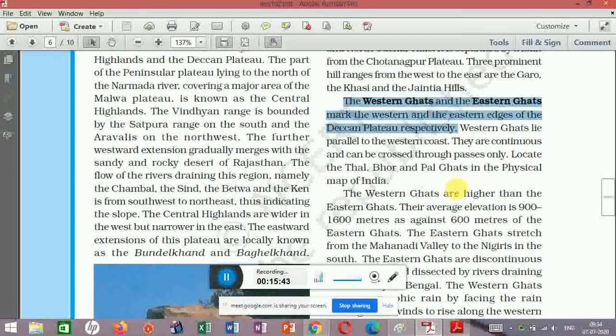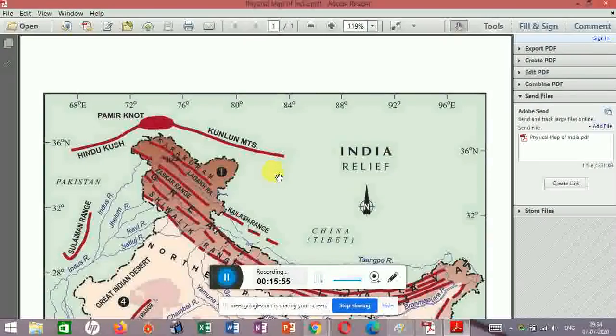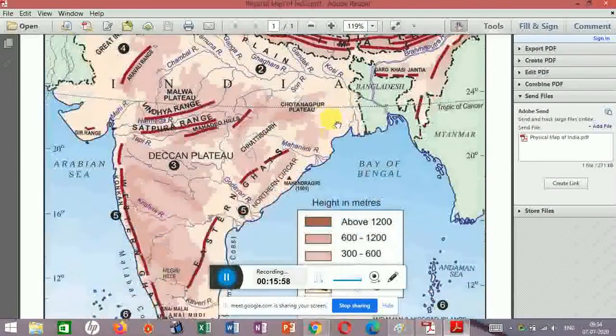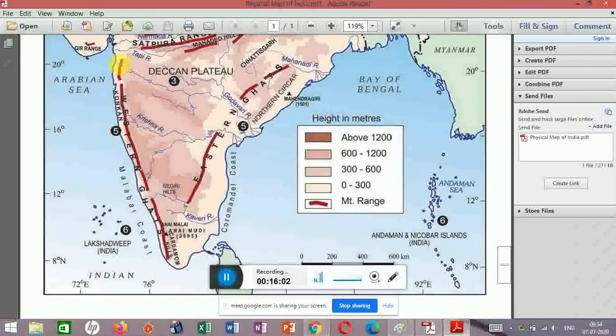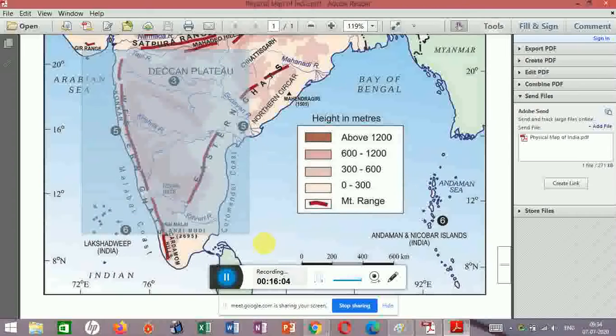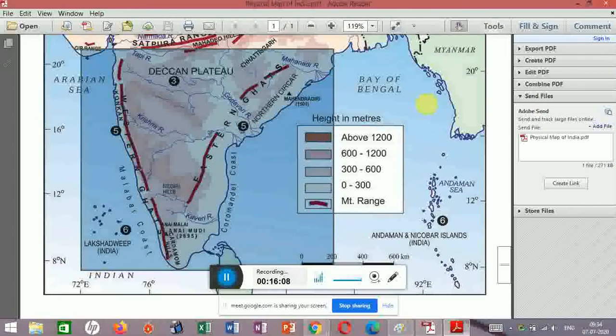The Western Ghats and the Eastern Ghats mark the western and eastern edges of the Deccan Plateau respectively. See here, this is the physical map of India, and this section is known as the Peninsular Plateau.